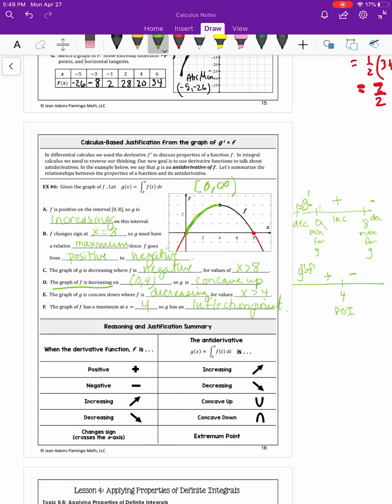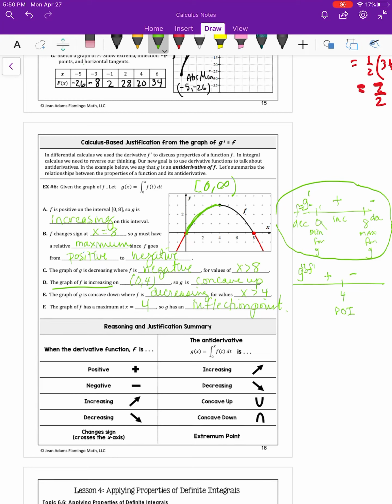Reasoning and justification summary. When the derivative function f is positive, think of this picture right here, your antiderivative is increasing. That's your original function. When the derivative is negative, your original function is decreasing.